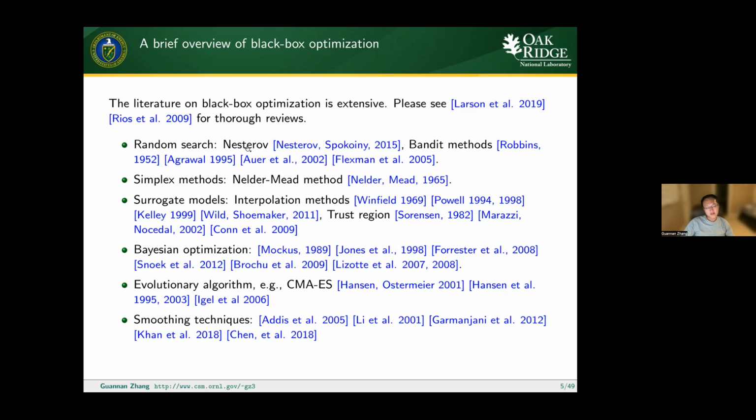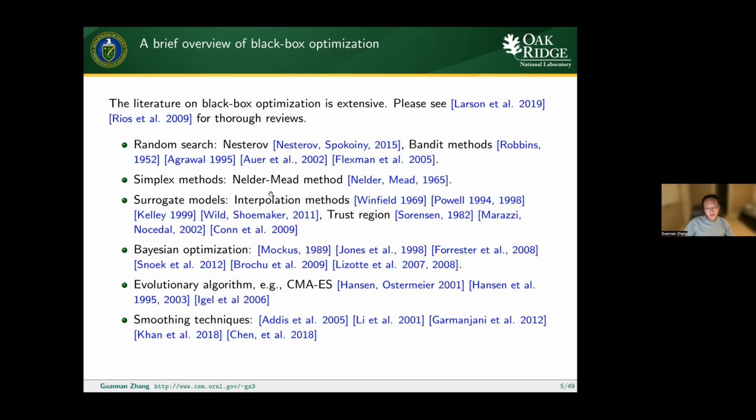Random search is the first one: we are all very familiar with Nesterov's methods and bandit methods, which are purely based on random search. Simplex methods are very famous and well established. You can download such software from Python libraries like SciPy or NumPy, like the Nelder-Mead method.